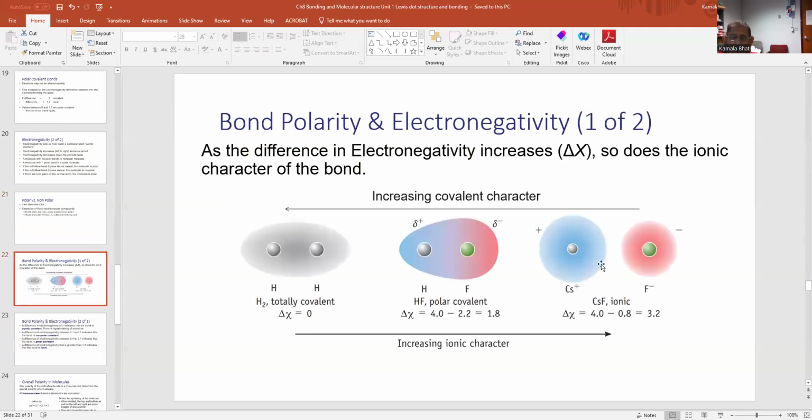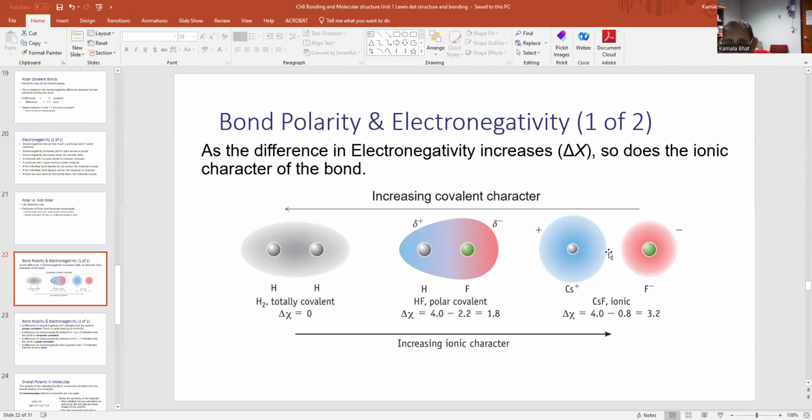When we talk about polarity and electronegativity, it is basically a distortion of the electron cloud that exists between the two atoms forming the bond. If there is no distortion between the two atoms, then the electron cloud is uniformly distributed, and therefore you have delta electronegativity equal to 0.